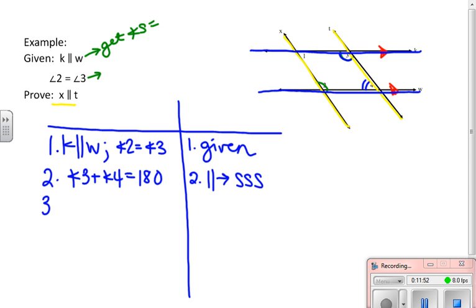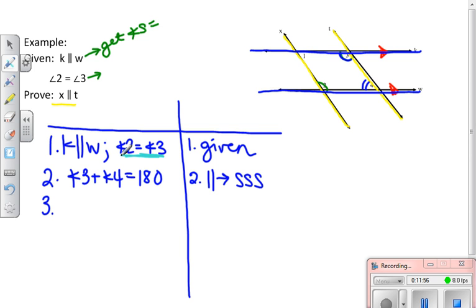If I know the lines are parallel, I get the equal angles. Once I've written that, I have 2 and 3, and I have a 3. So I'm going to go ahead and do a substitution and write that angle 2 plus angle 4 is equal to 180. And that is a substitution.